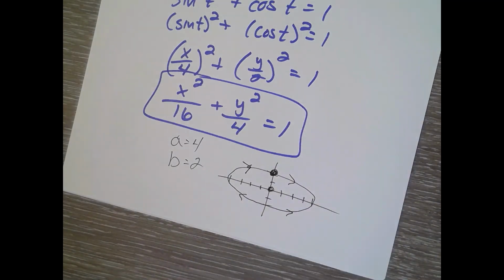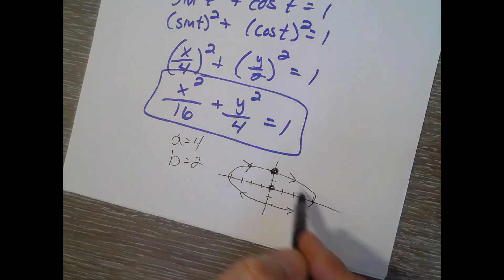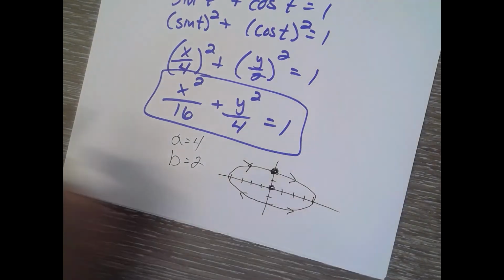Change your T max to just pi now. Go up to window and change your T max to pi. What happens? All right, so it goes until it gets to pi and then it stops. It only does half of an ellipse.